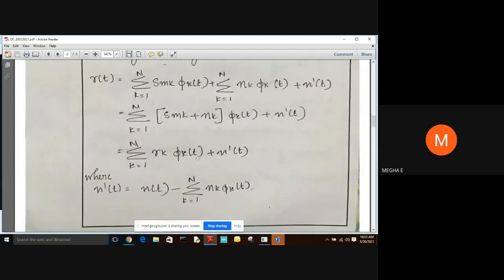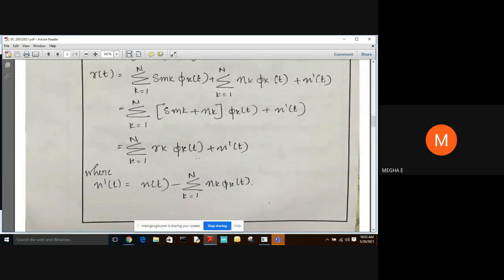We have found the kth correlator output, R of t, and obtained the equation in terms of n dash of t. Here n dash of t is the original noise component minus its projection on the kth basis function.